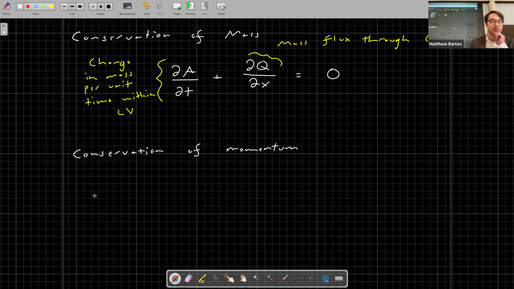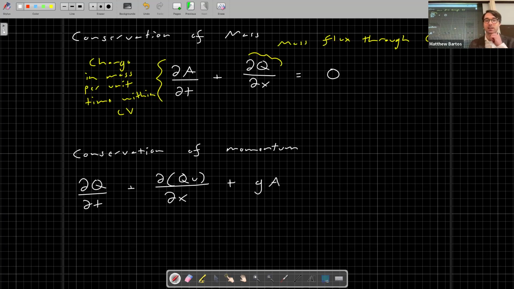For conservation of momentum, this expression is given by dq by dt plus d(qu) by dx. So this is our change in momentum terms, plus the elements of our force balance.